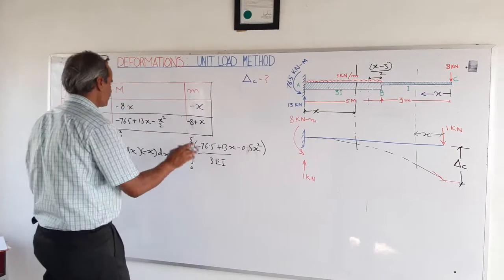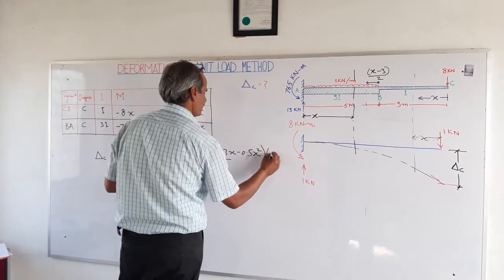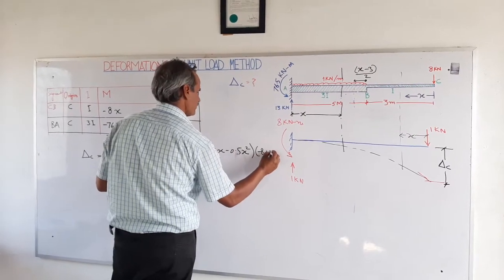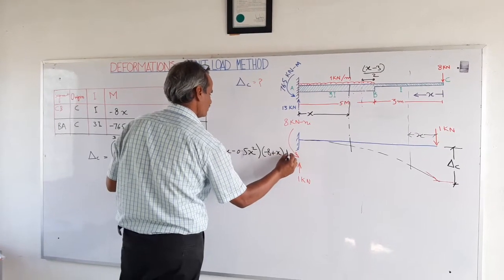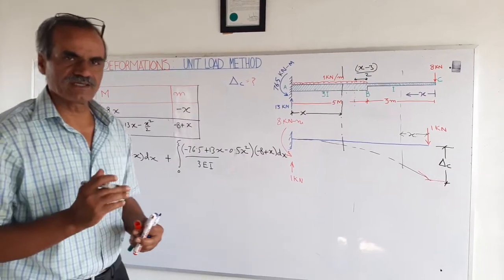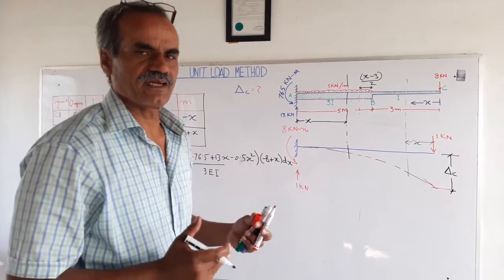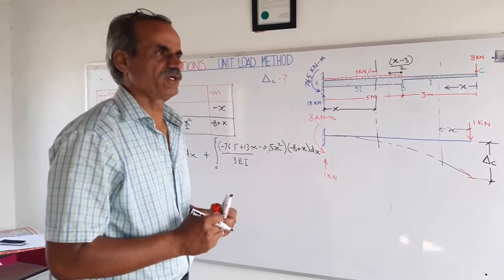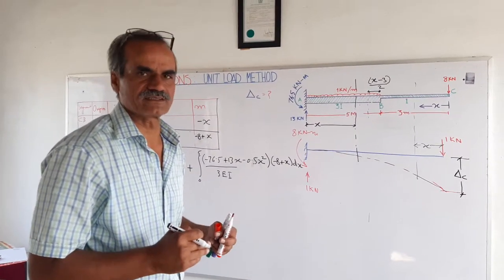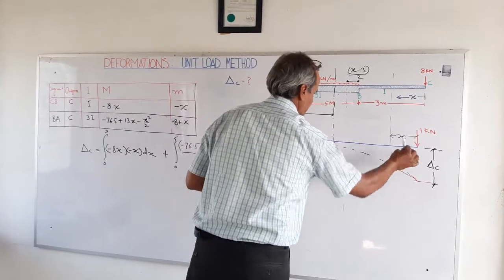This whole equation of capital M multiplied by small m, that is minus 8 plus x, into dx. And when we integrate them and then put the value of those limits, whatever is the answer shall be the deflection at C.